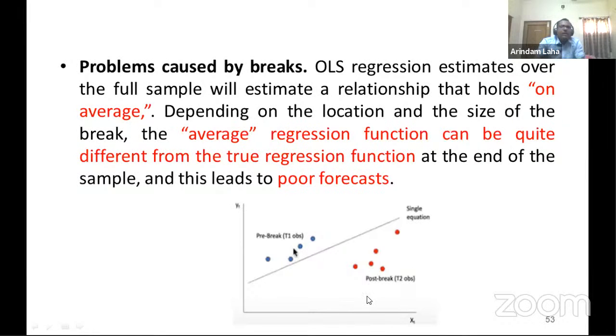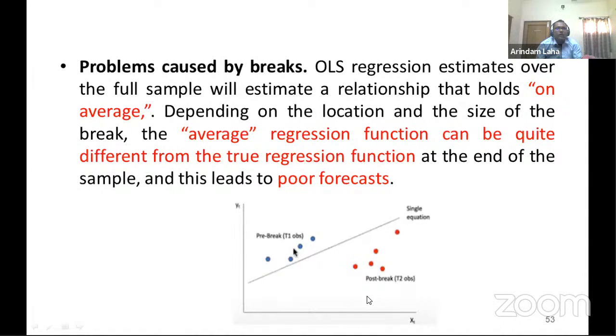So if there are such structural changes, as shown in this particular diagram, then you have to deviate. You should not carry out your Wales regression based on the full sample. It is not possible.